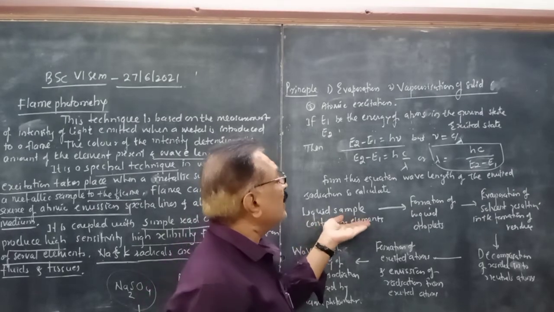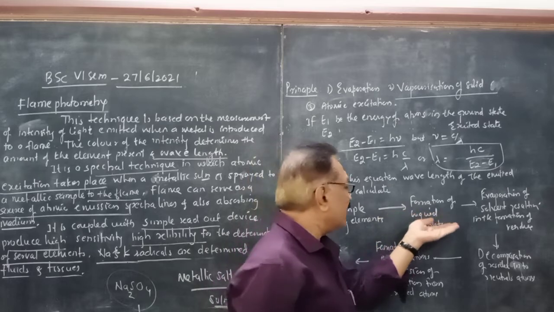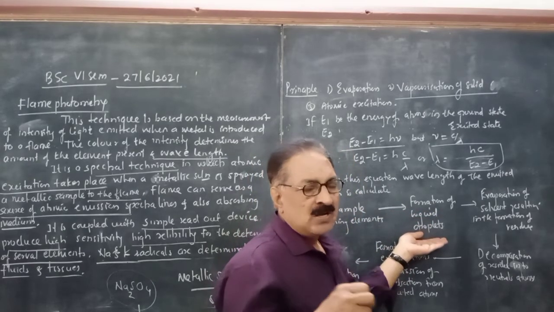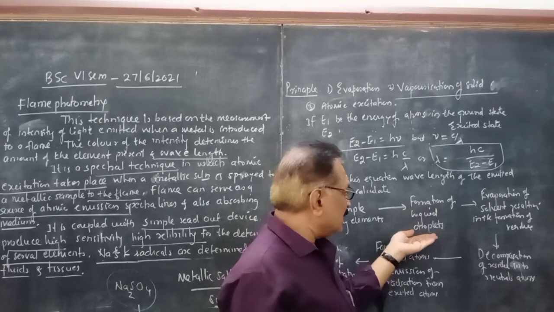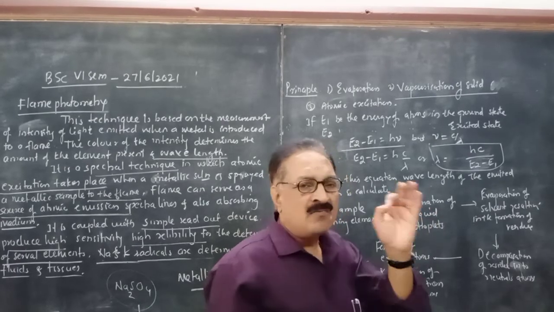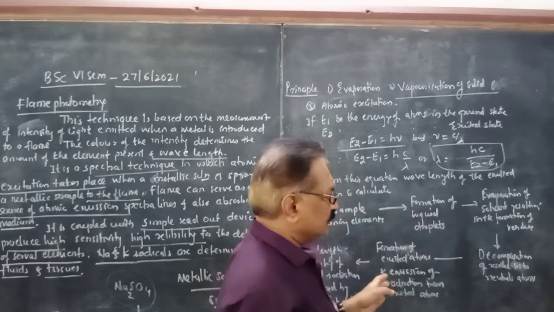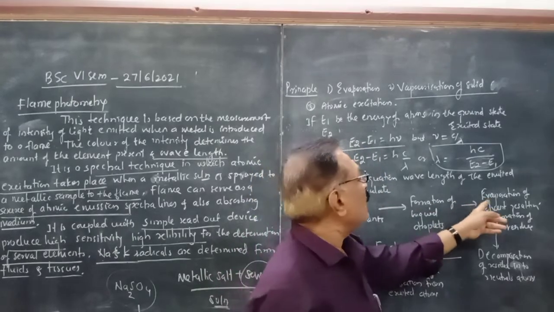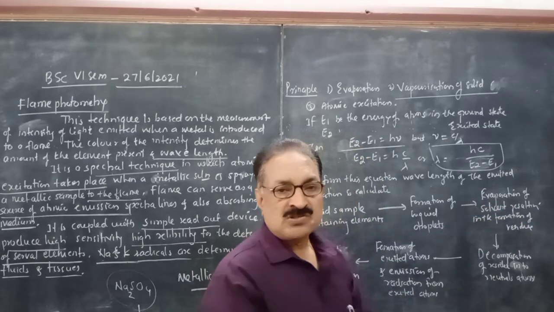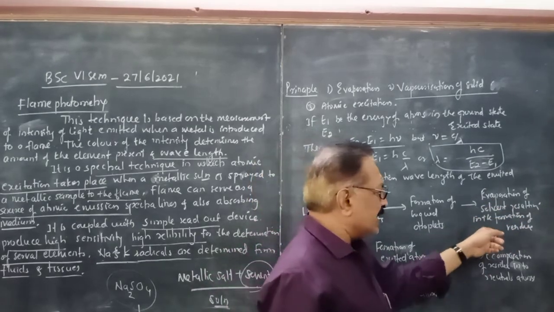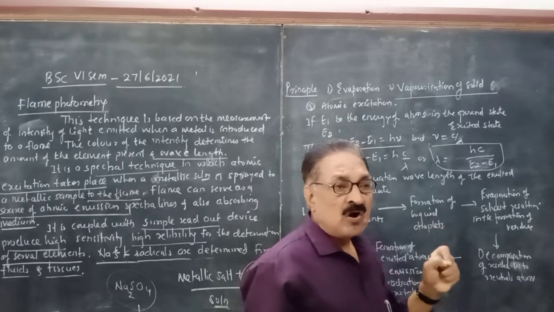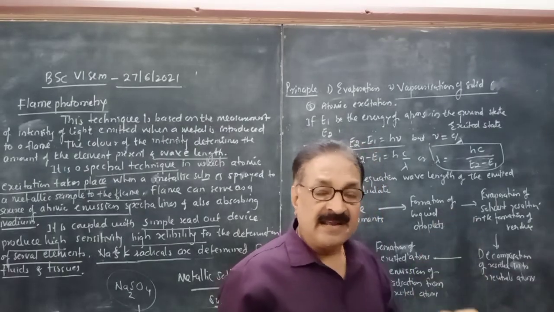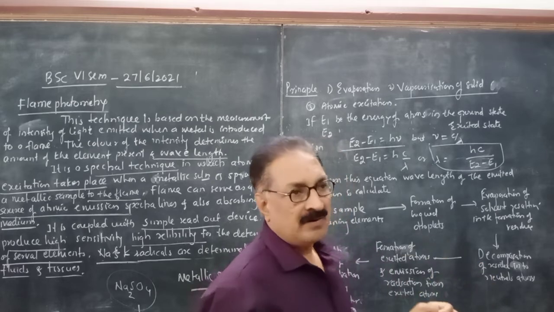This solution is sprayed so that the liquid is converted in the form of small droplets. When the droplet comes in contact with the flame, evaporation of the solvent results, and a residue of the droplets forms, which contains the compound.